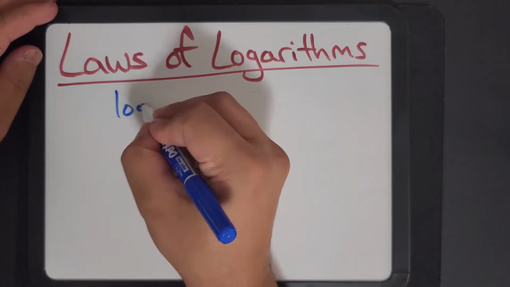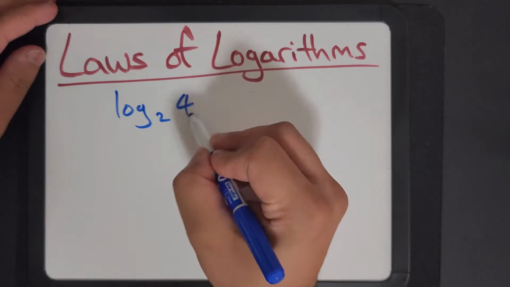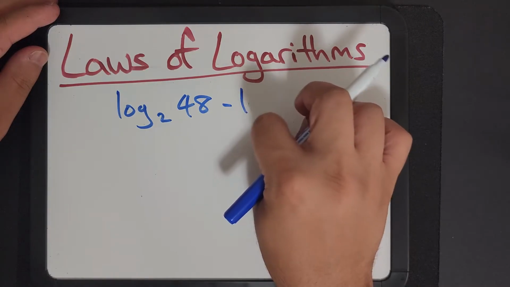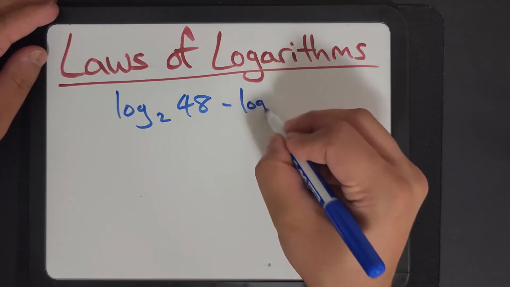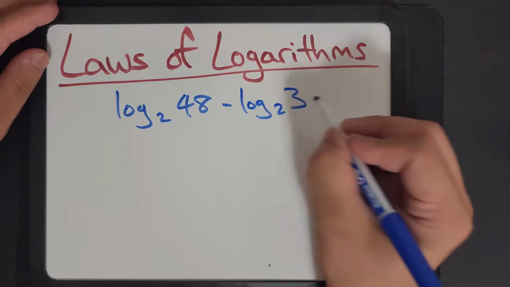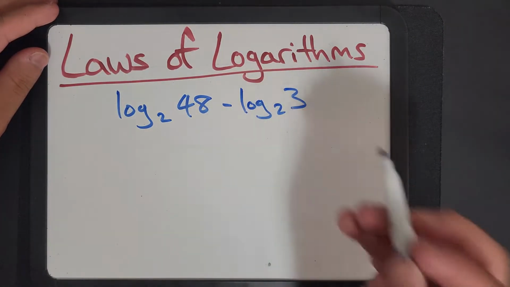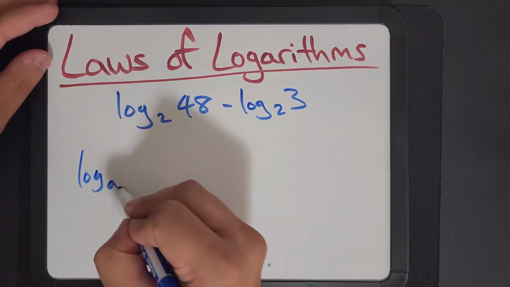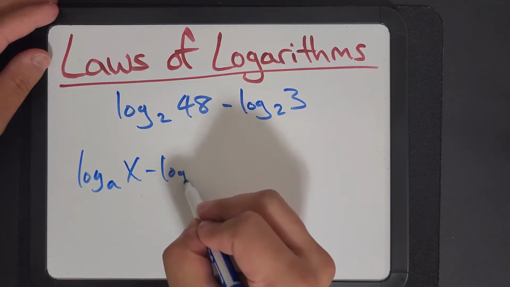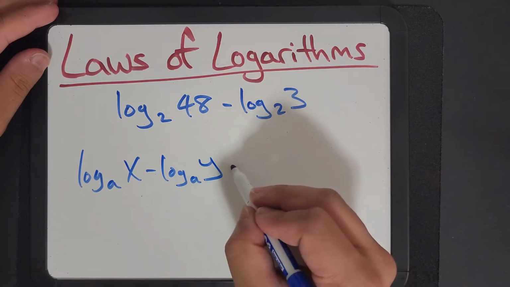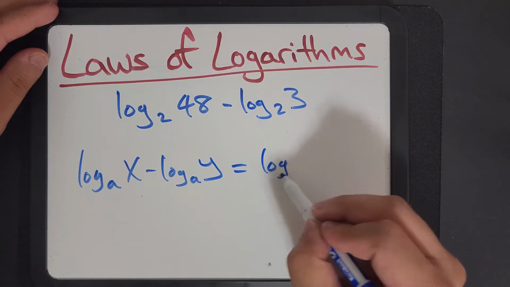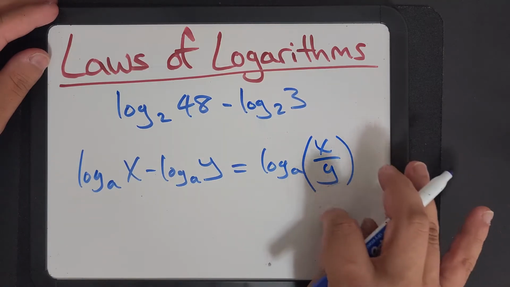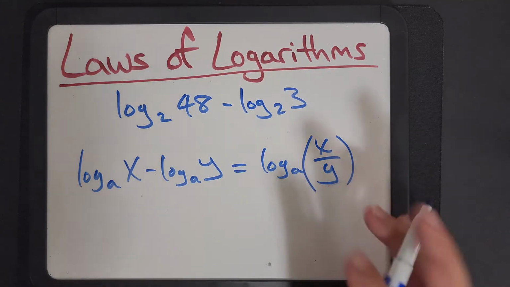This time let's do a subtraction. And you already know I'm going to tell you that log a x minus log a y is equal to log a x over y, because of our quotient rule, our quotient law, sorry.